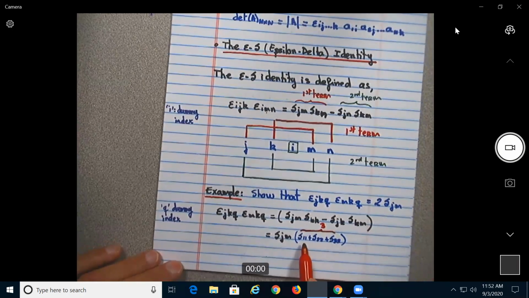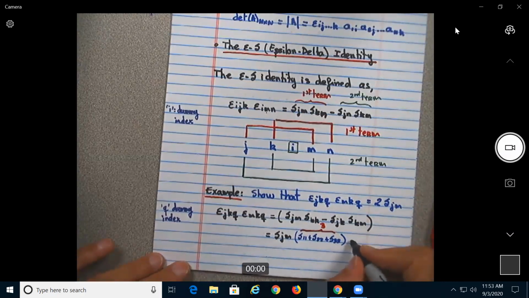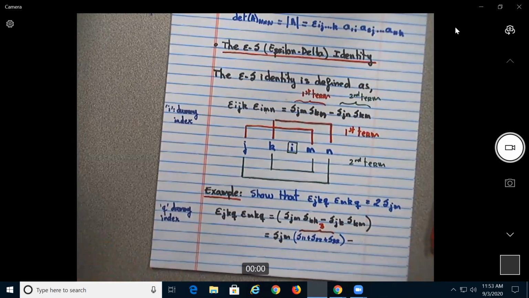Remember what is the definition? If I equals j it is equal to 1, if I is different than j it is equal to 0. So you have kk repeated, this is equal to 1 plus 1 plus 1. All right? So we have this minus, so let me maybe not go too fast. What will be this term over here?